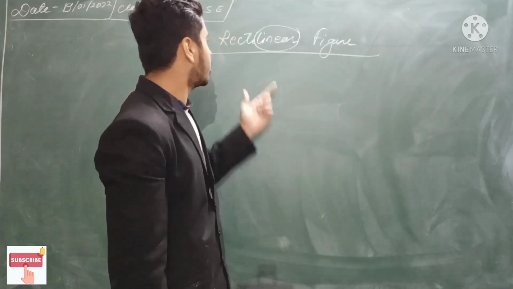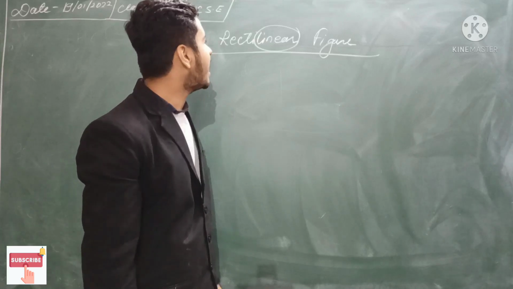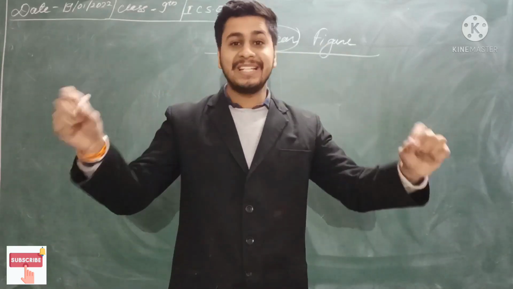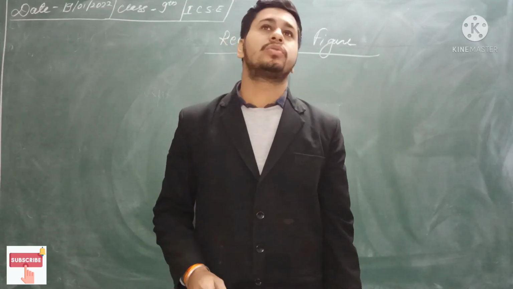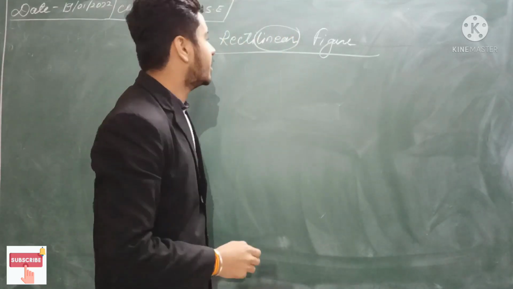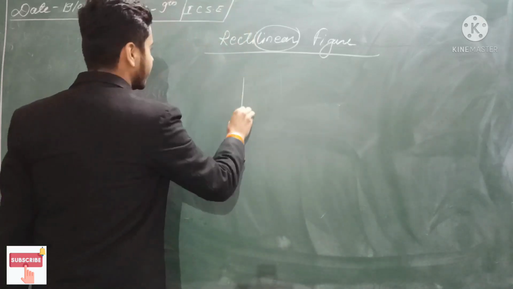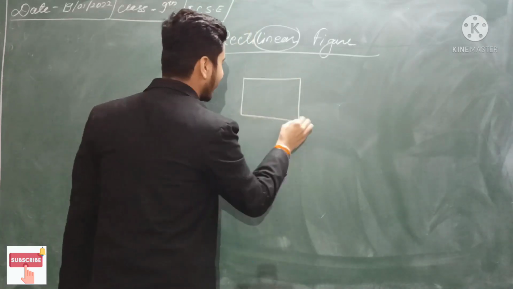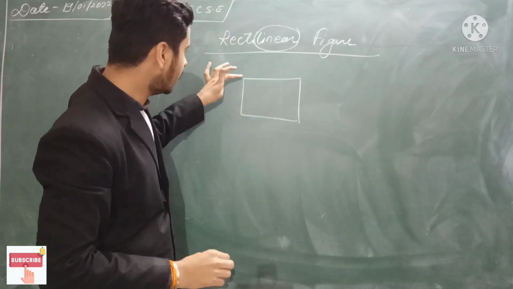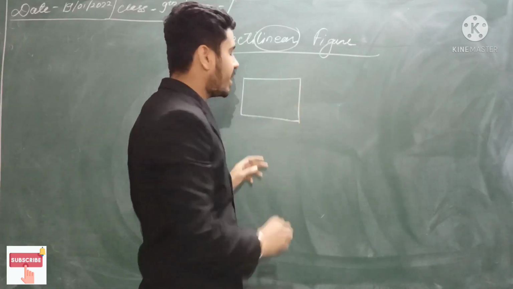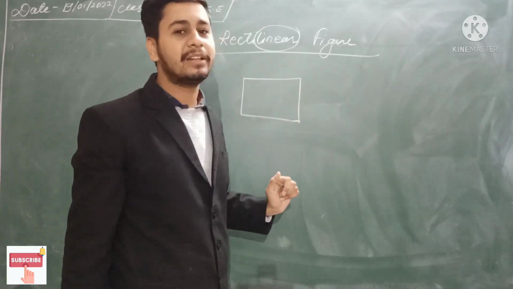So a rectilinear figure is defined as a plane figure whose boundaries are line segments. Okay, so we can call a rectangle a rectilinear figure because a rectangle has 4 line segments connected to each other through these corners, these points. So this is what a rectilinear figure is.